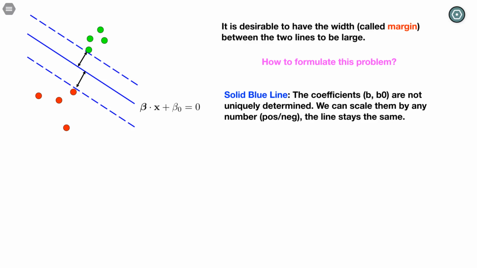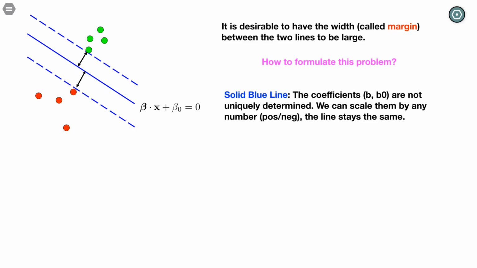For example, in this case, we can use a solid blue line to separate the two groups of points. But we want the separation as wide as possible in the following sense. We can imagine we're going to make some parallel lines of the solid blue line, and we push to both sides until we hit one of the green points or one of the red points.